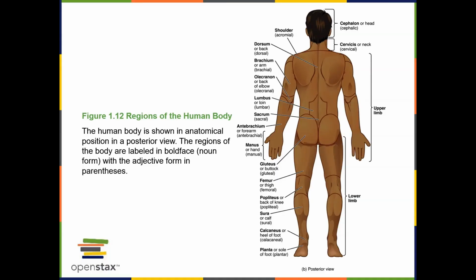Lumbar refers to the lower back, as well as to the lateral regions of the abdomen, inferior to the hypochondriac and superior to the iliac region. Gluteal refers to the buttocks. Popliteal is the posterior side of the knee joint. Sural is the calf. Calcaneal is the heel region. Plantar is the inferior surface of the foot.